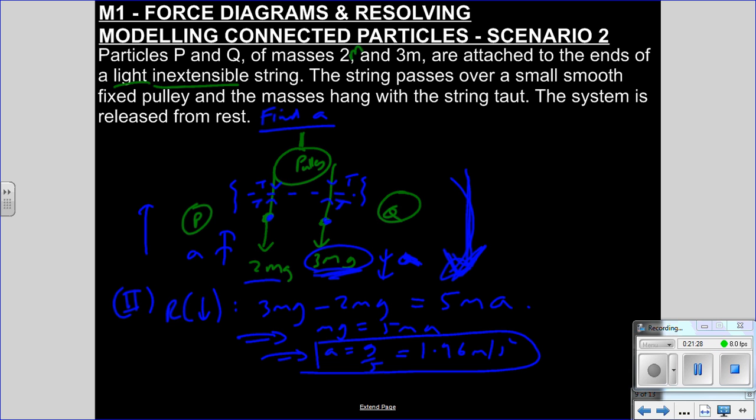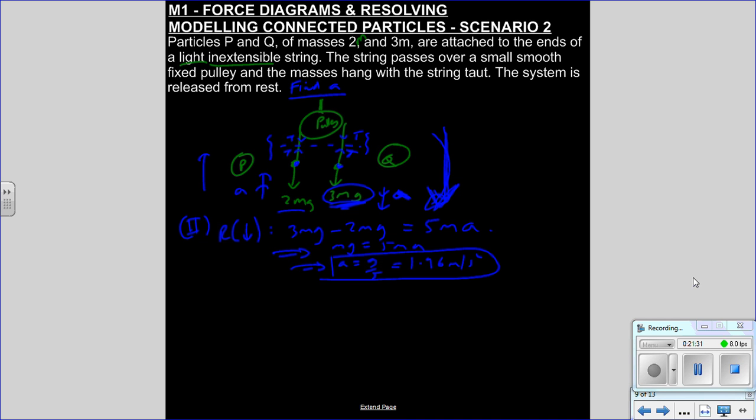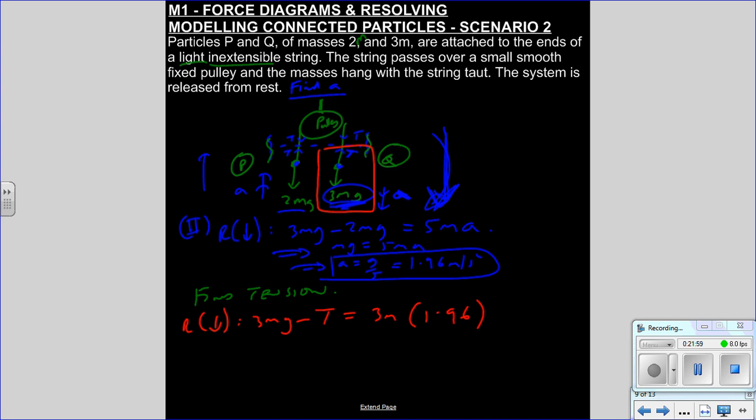If you wanted to find tension, so now I want to find tension, let's say. Again, I have to isolate one of the particles because these cancel out otherwise. I'm going to isolate Q because it's accelerating downwards. I've got a force 3mg. What's opposing it? Well, T is opposing it. It equals the mass 3m times my acceleration, which I know is 1.96.